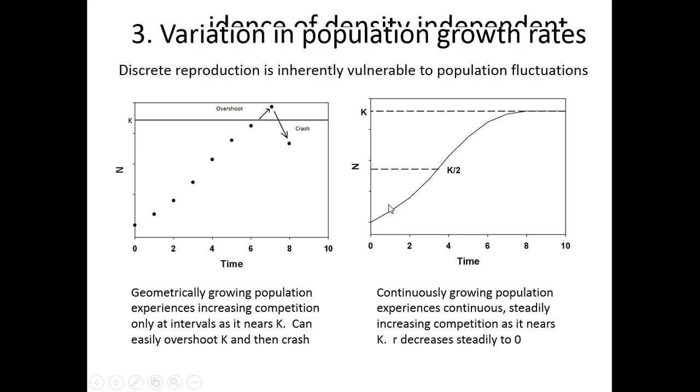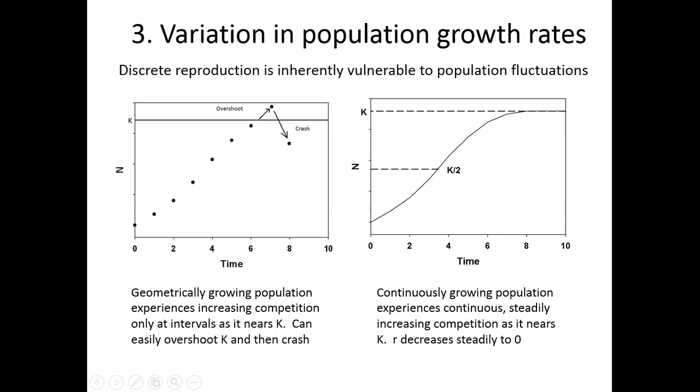You get a smooth increase, as best I was able to draw using my graphics program. And then you get a smooth leveling off at the carrying capacity right here. Okay, so the exponential population didn't overshoot. The discretely reproducing population that shows geometric growth did.